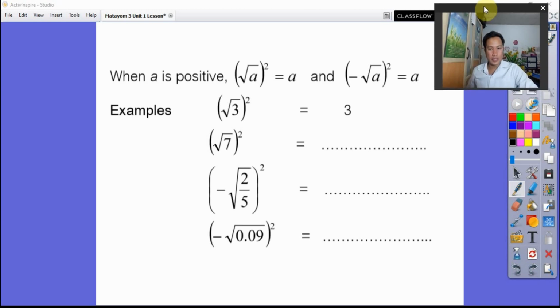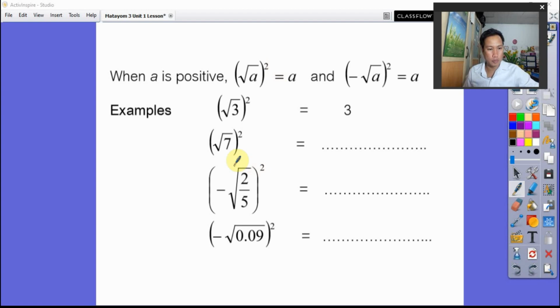All right, so let's have some examples here. All of these are positive. This is what I'm trying to explain to you. What if you have a square outside? If it's a square, then everything inside will be neutralized as positive.